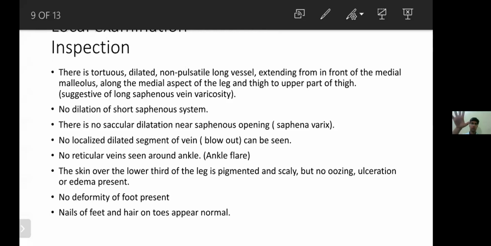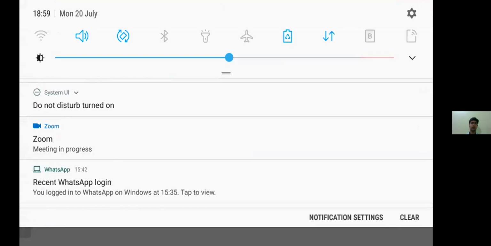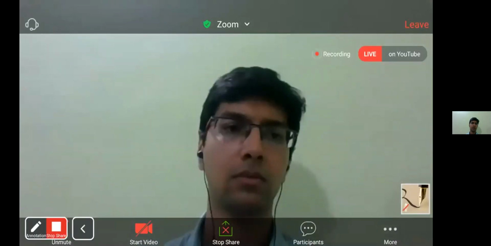So first, inspection, which system? Inspection stamps the system. Then on the basis of tests, we see whether SFJ incompetence is present or which incompetence is present. No dilation of the short saphenous system, that is a good thing. Saphena varix. What is saphena varix?